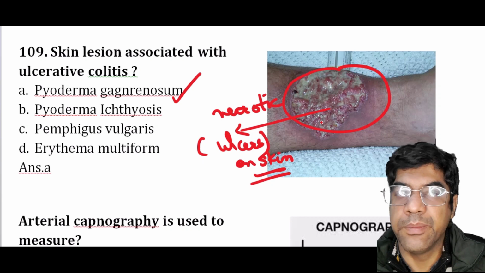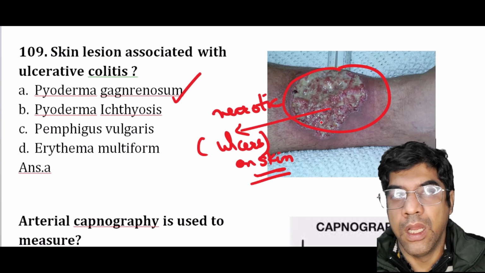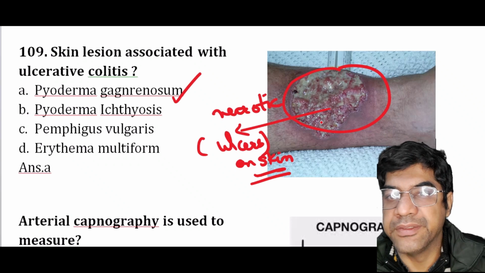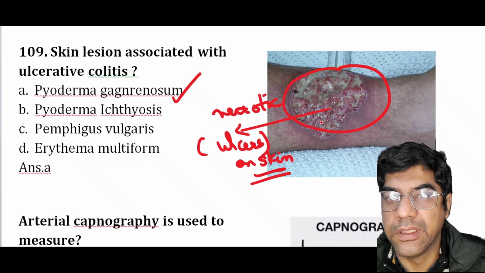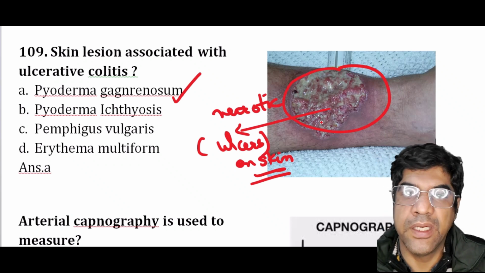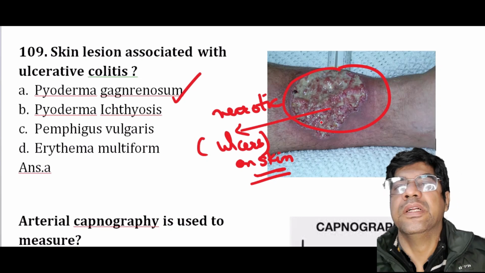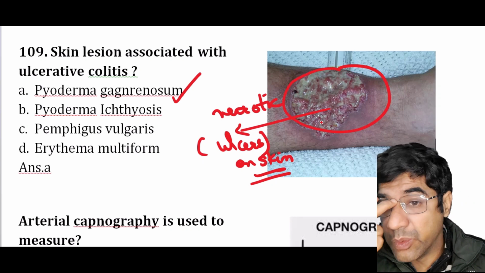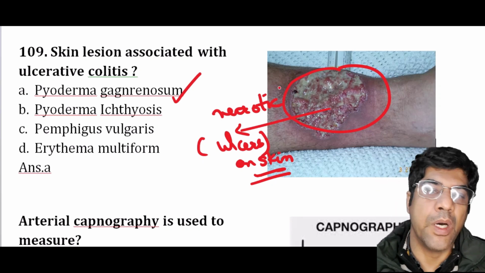The relation between pyoderma gangrenosum and inflammatory bowel disease like ulcerative colitis is known as a dermatologic extraintestinal manifestation. In some patients with ulcerative colitis, the severity of the skin lesion of pyoderma gangrenosum is closely linked to the severity of the bowel disease.